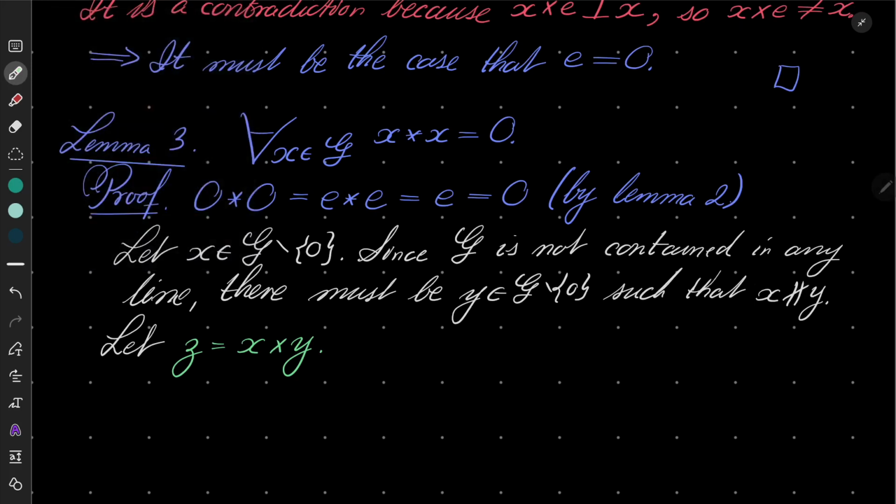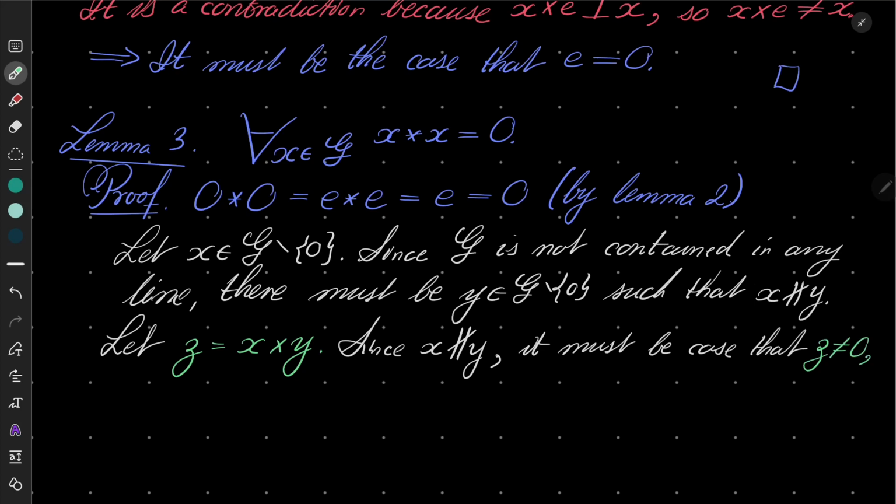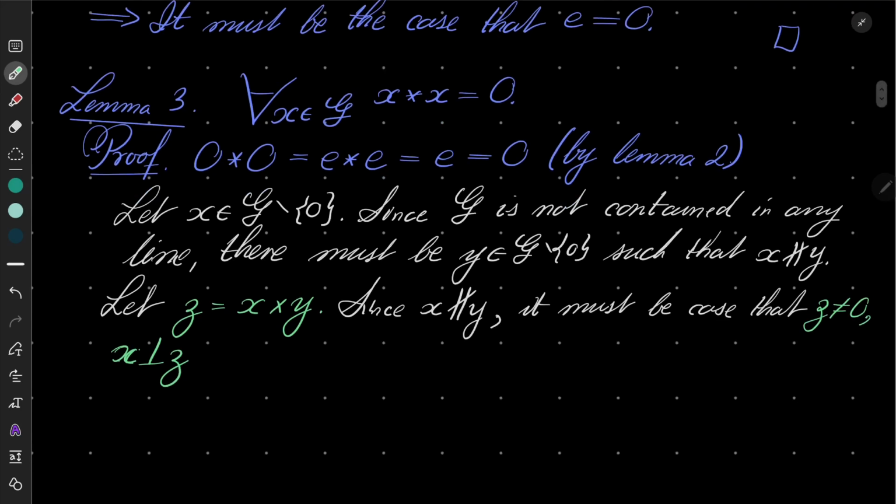So let's write it. Since X is not parallel to Y, it must be the case that Z is non-zero, and also Z is perpendicular to X because it's a cross product of X and something.